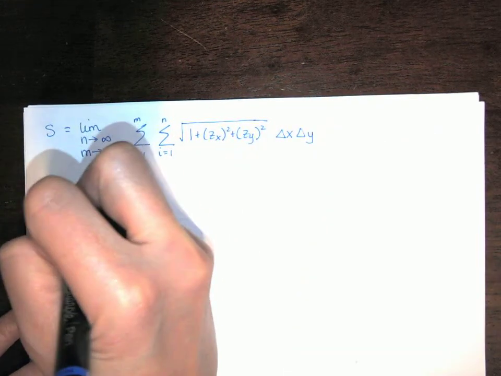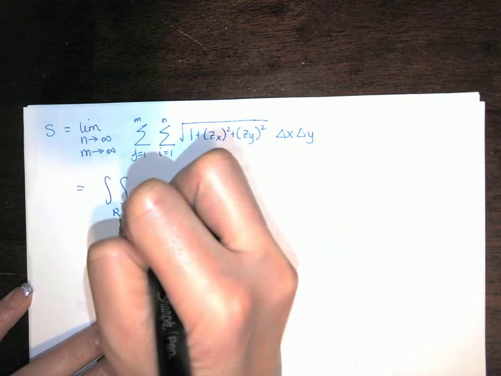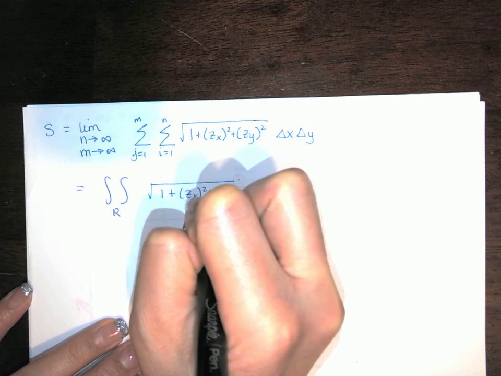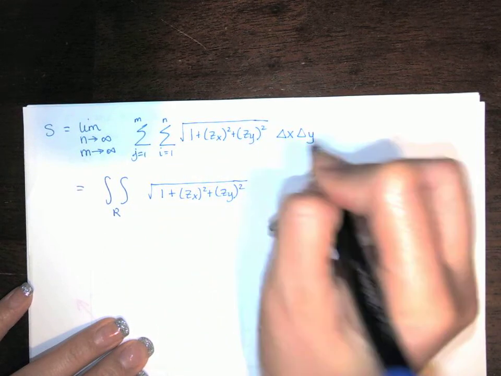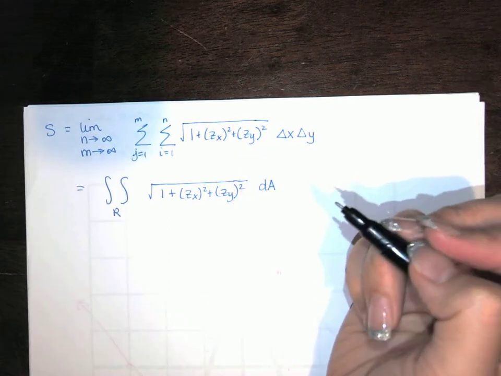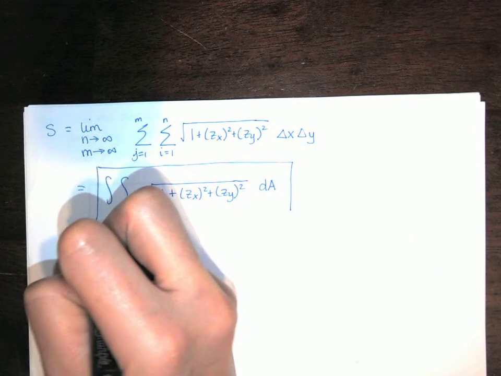And that is the double integral over R of the square root of 1 plus the partial of z with respect to x squared plus the partial of z with respect to y squared, delta x times delta y, I'm just going to call it dA. This is my preferred version of the formula.